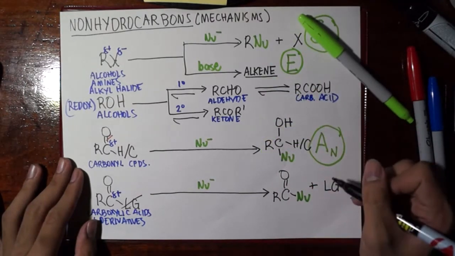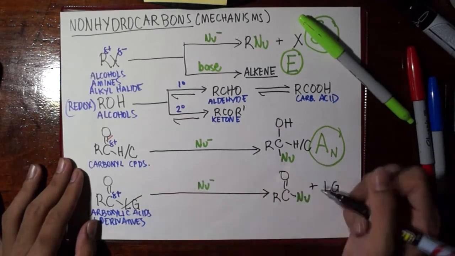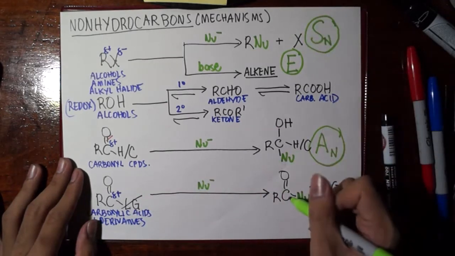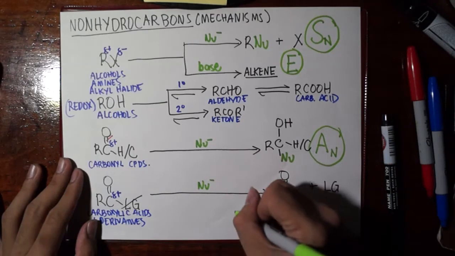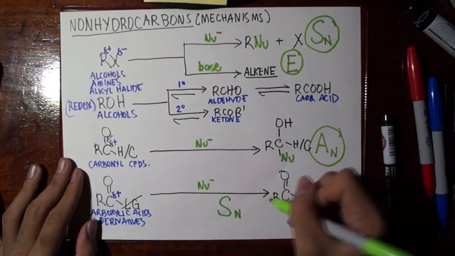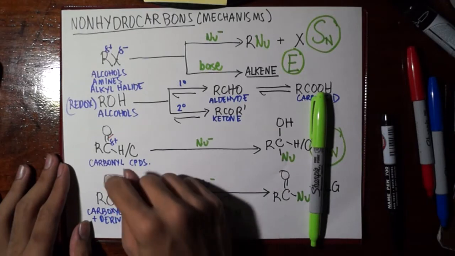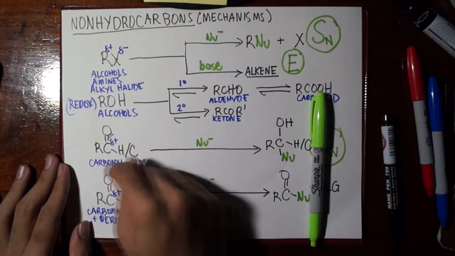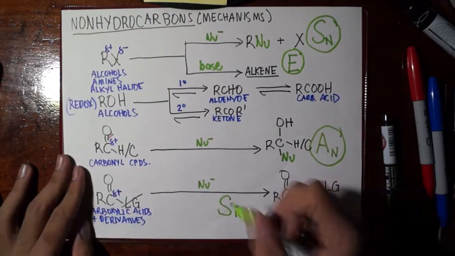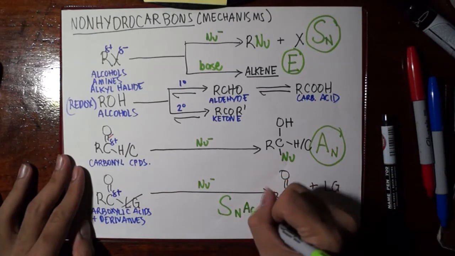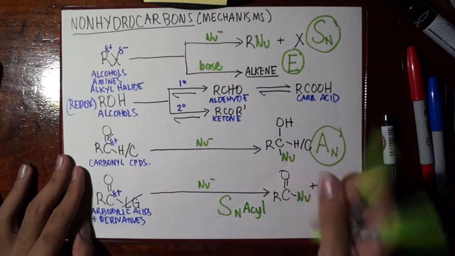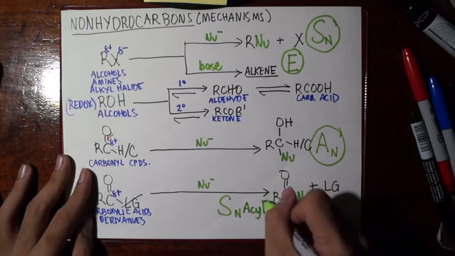Since there is a replacement of something, this is a substitution, specifically nucleophilic substitution. But since we are dealing with compounds that have this RC double bond O or acyl groups, we completely name this nucleophilic acyl substitution.